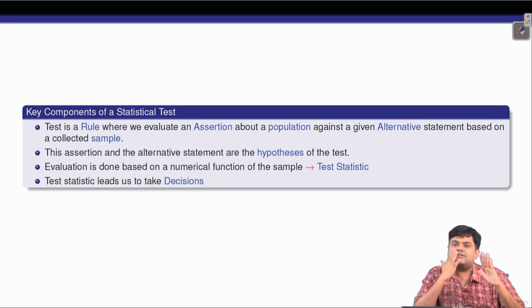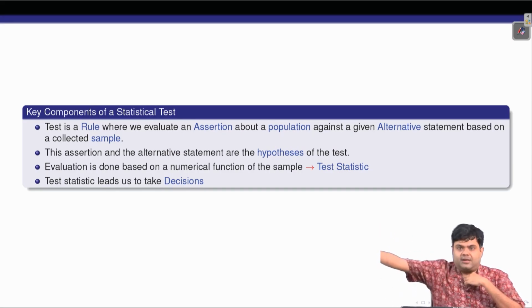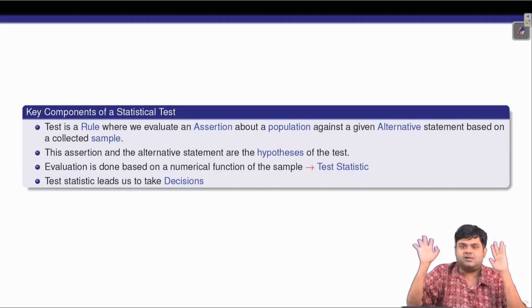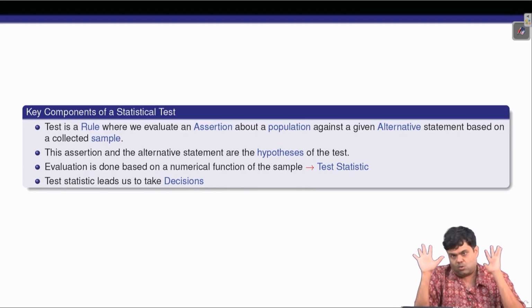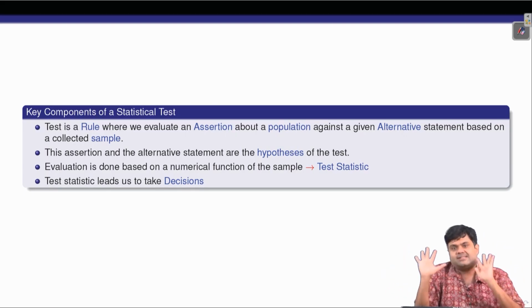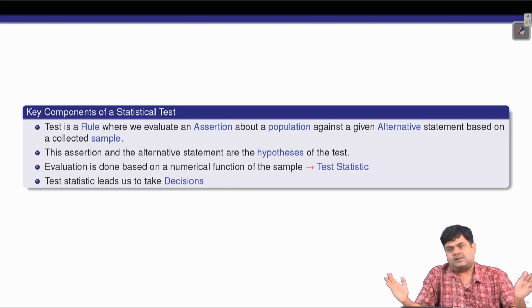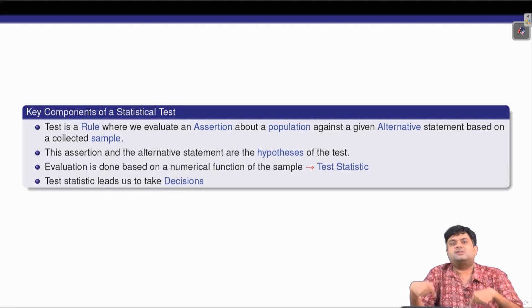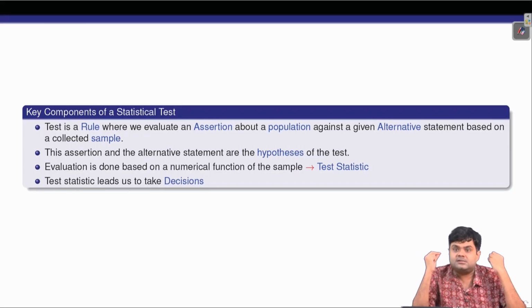Based on that rule, if the sample statistic takes a certain value, you will compare two statements. One of them will be the assertion, the status quo thing to do, conventional wisdom, etc., and the other one will be an alternate. So based on the value of the sample statistic, from the sample collected from the population, you will decide between the assertion and the alternate. Which one is the assertion, conventional wisdom, starting point, and which one is the alternate will depend on the scenario.